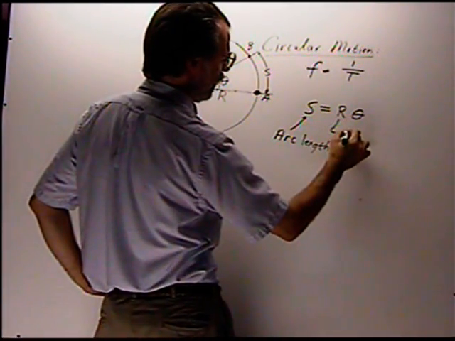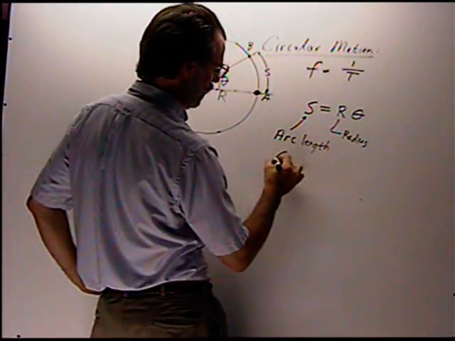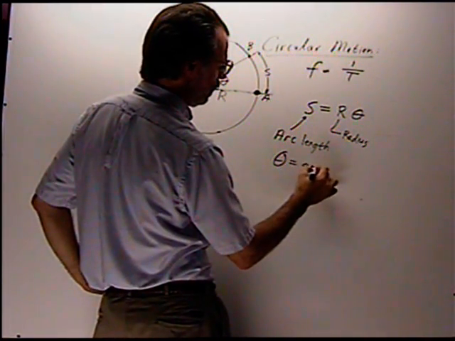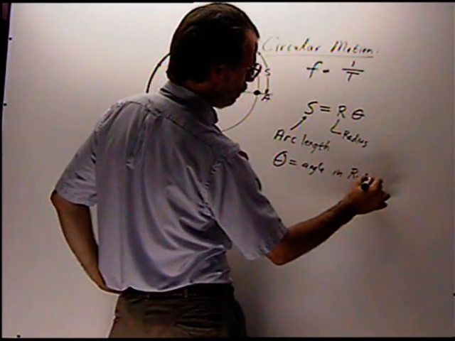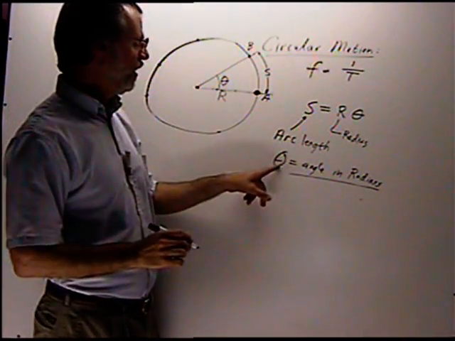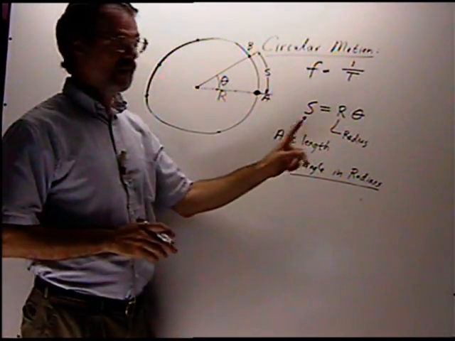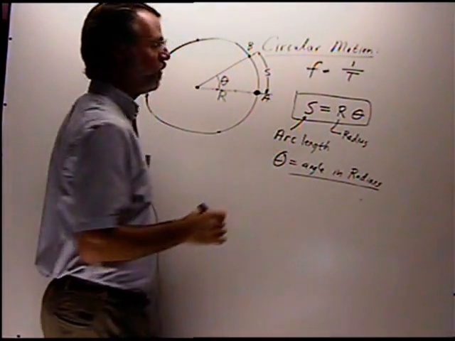R is the radius. And you remember theta is the angle in radians. Do you remember radians? If you try to use this angle in degrees, this equation will not work. This only works when theta is in radians.